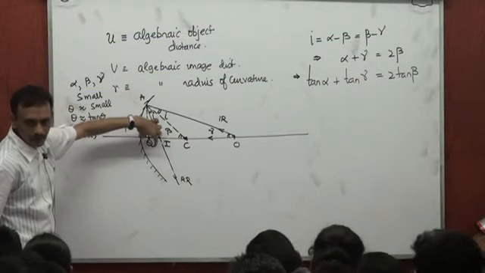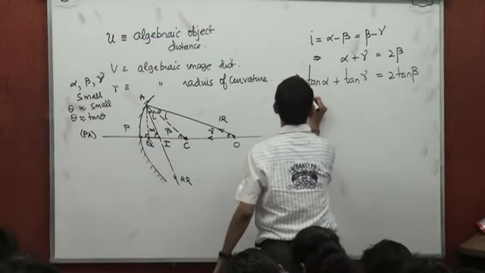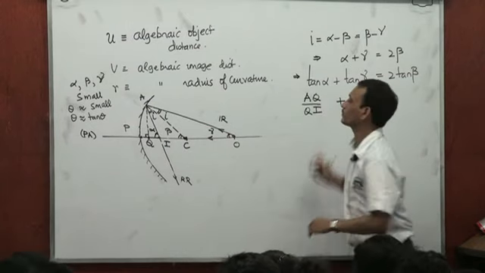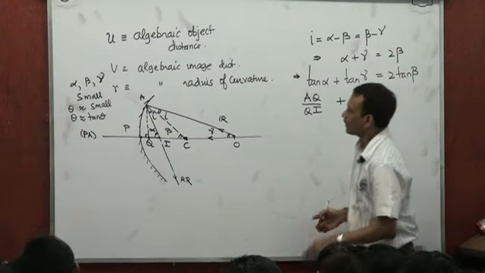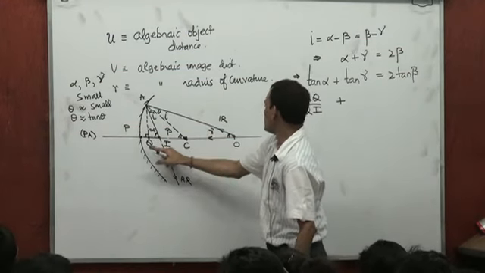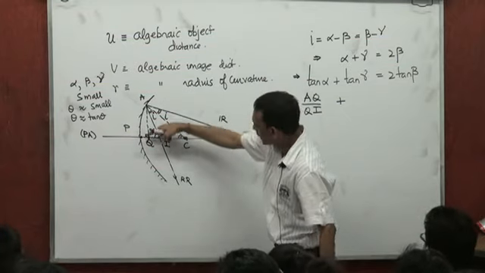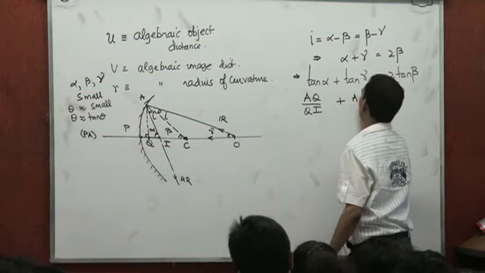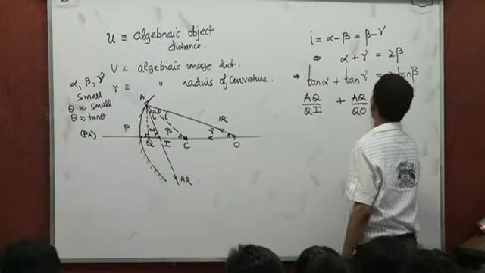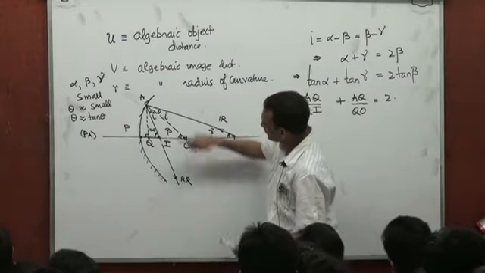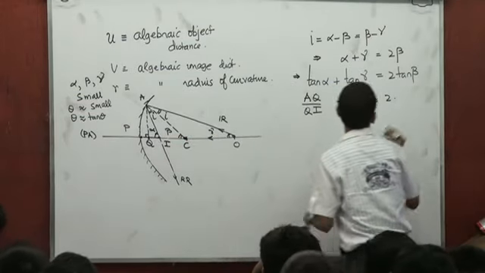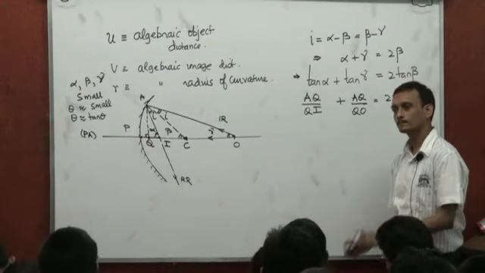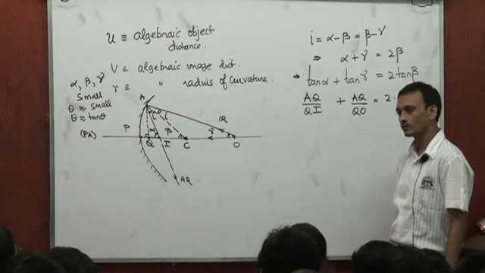Tan gamma is AQ by QO, right? Tan beta is AQ by QC. Right?